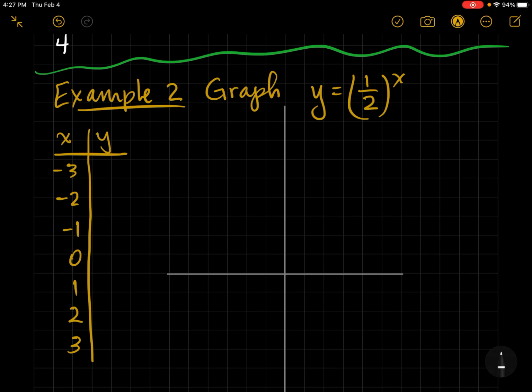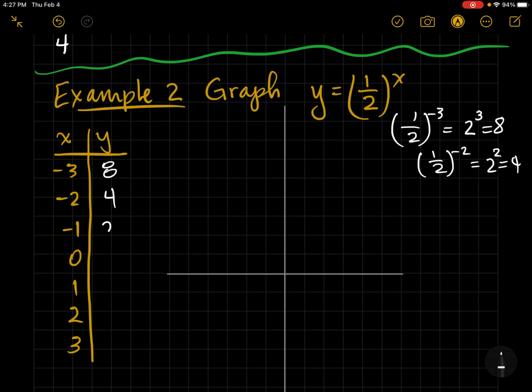Now we have 1/2 to the x power. So if we plug in negative 3, the negative sign gives us the reciprocal, and now that's just 8. 2 times 2 times 2. And if we continue and plug in our values, that'll give us the reciprocal again, and you'll start to fill in the table.